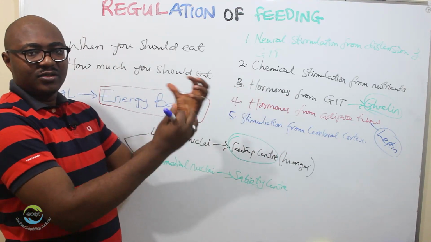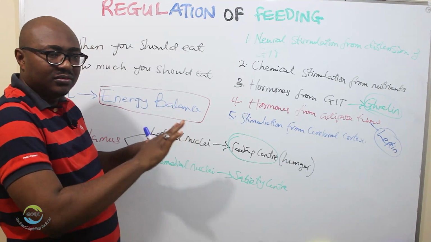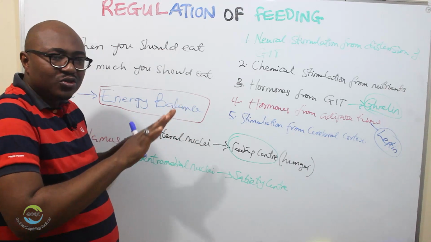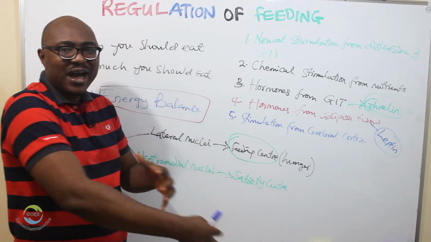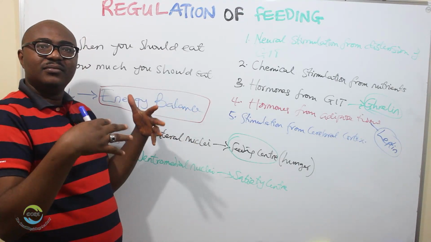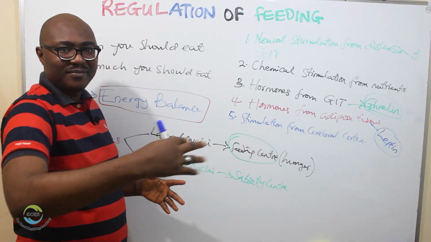It goes to the satiety center to stimulate it. It suppresses this one and stimulates this one to make you eat less, because it's telling you that you have enough store of energy. Why take more? You see it? But it's long term.